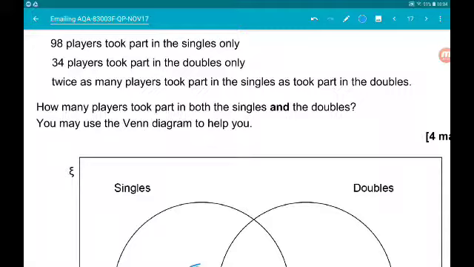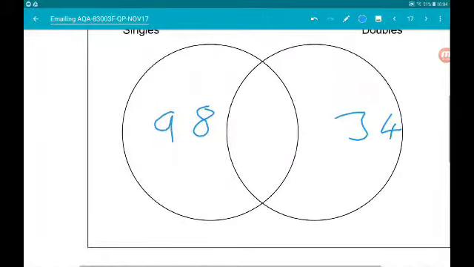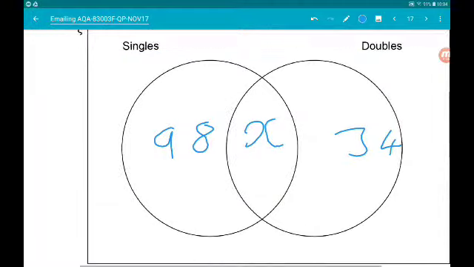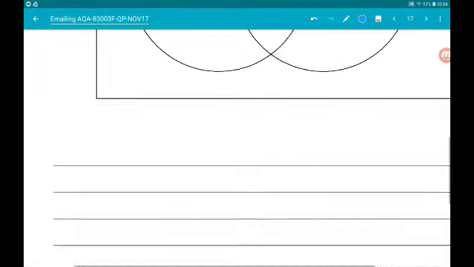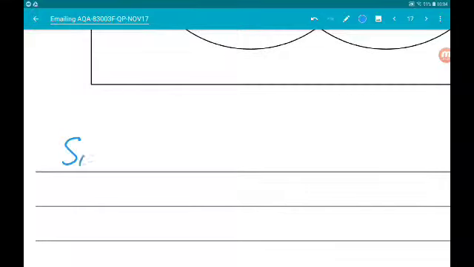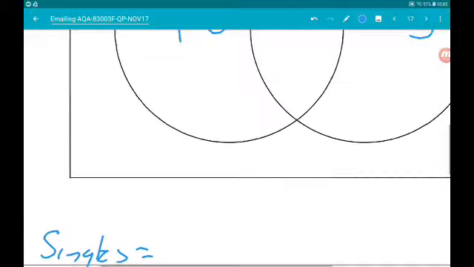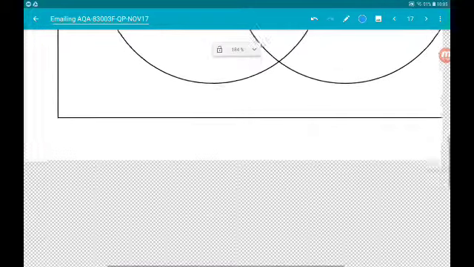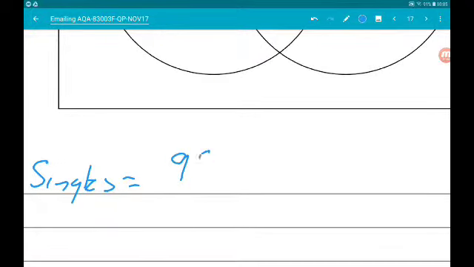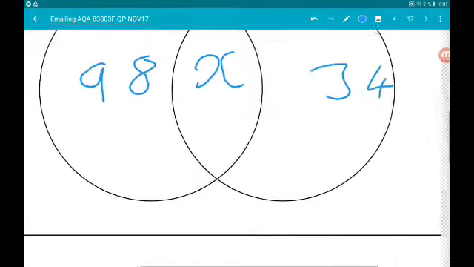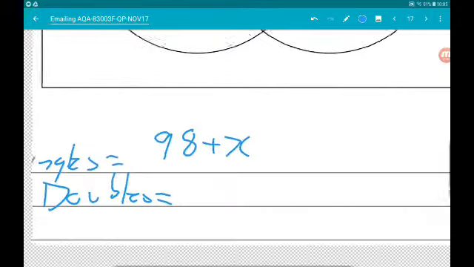So what we're going to do is call this number in the middle x. Then the number that's in the singles is 98, add x. Now the number that took part in the doubles is 34, add x.